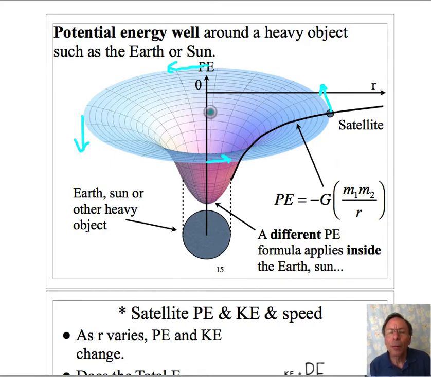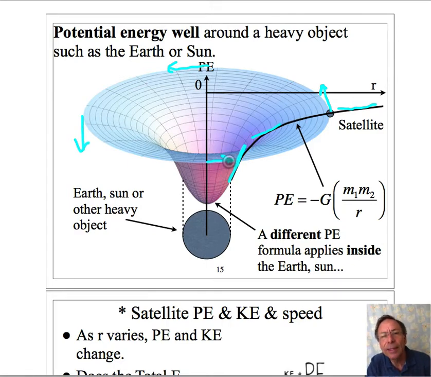Now, keep in mind that the slope of this graph right here is high. Here the slope is less. Here the slope is less. And remember that the negative of the slope is the force.